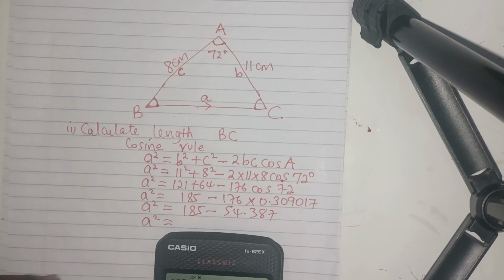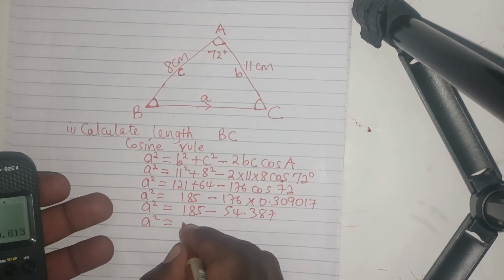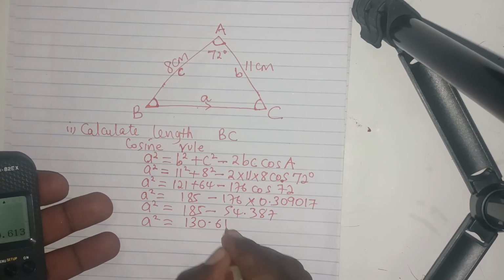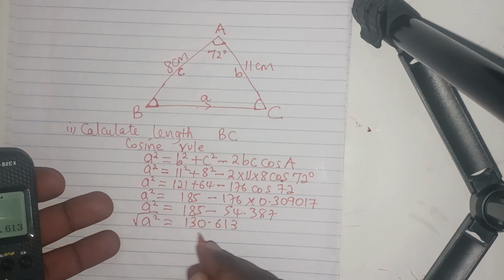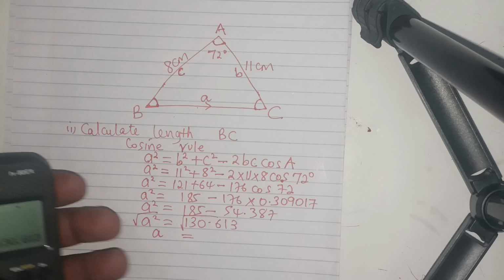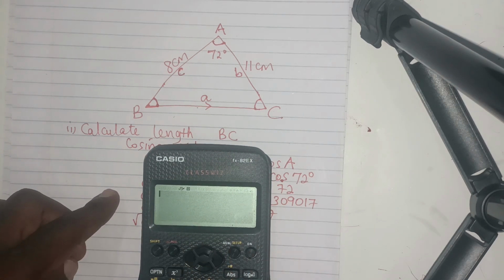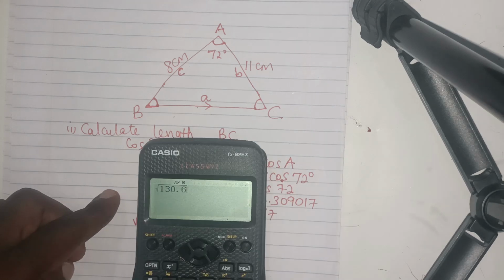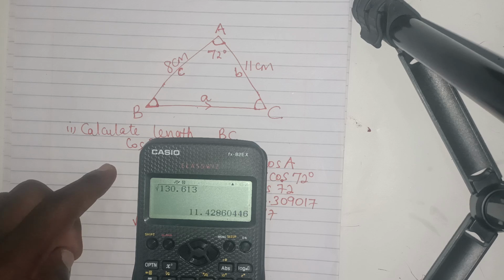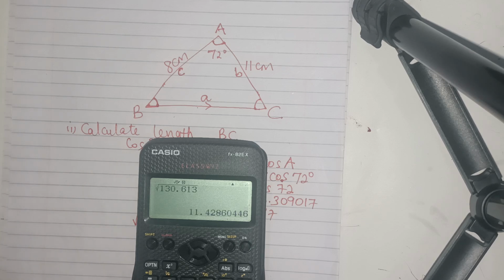So 130.613. I'll get the square root on both sides so that my a will be equal to the square root of 130.613, that is 11.4286.